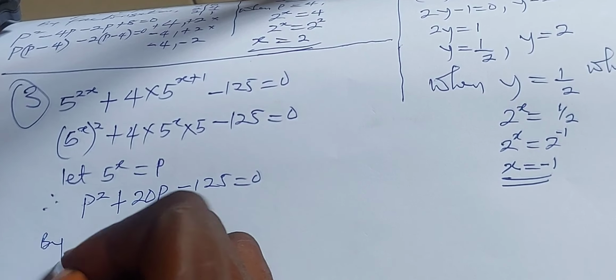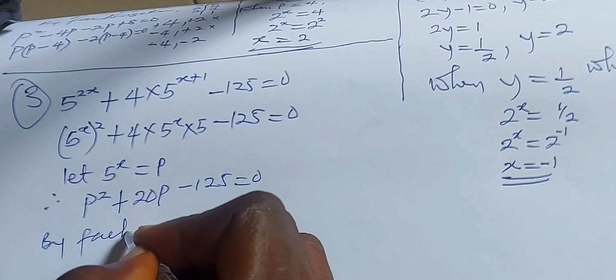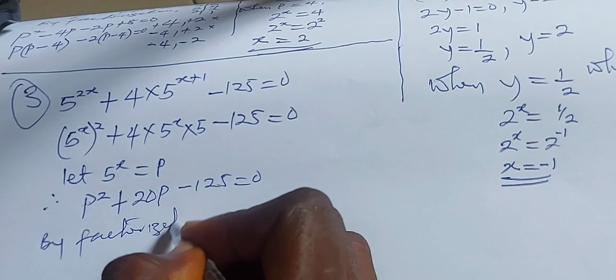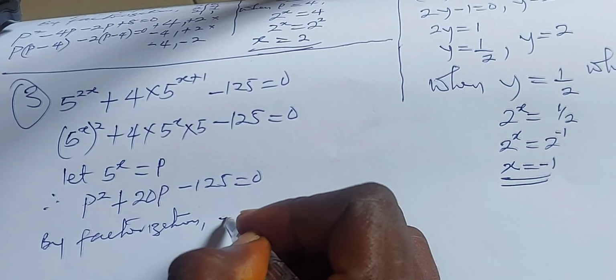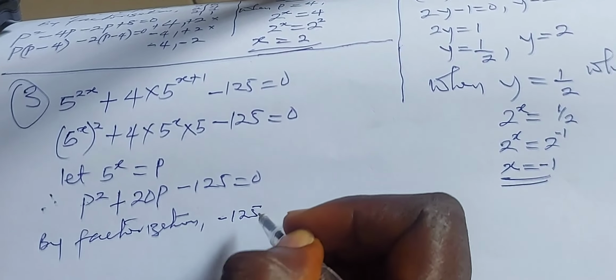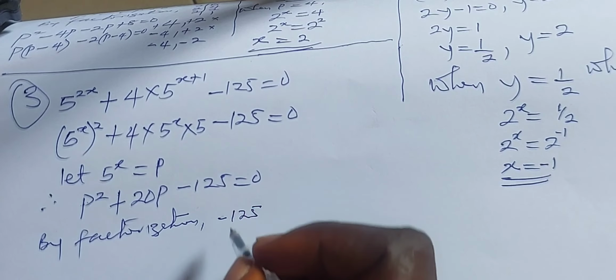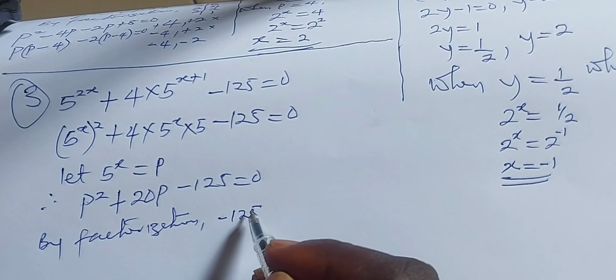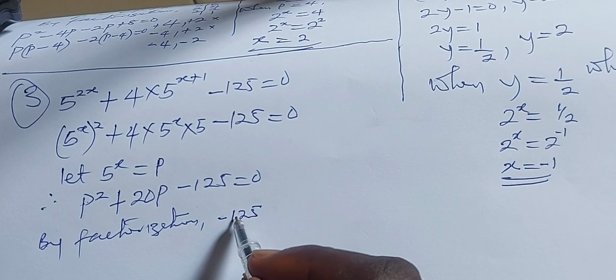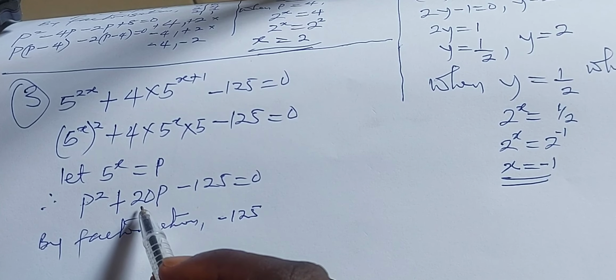By the factorization method, we have minus 125, so we need numbers that multiply to get minus 125 and, when we add them, give plus 20.